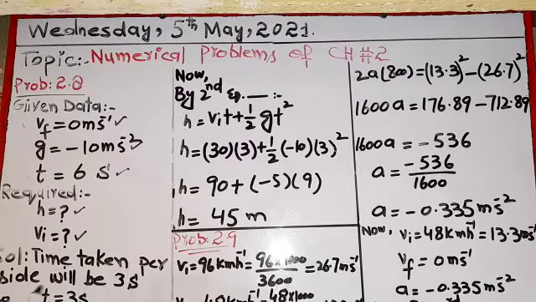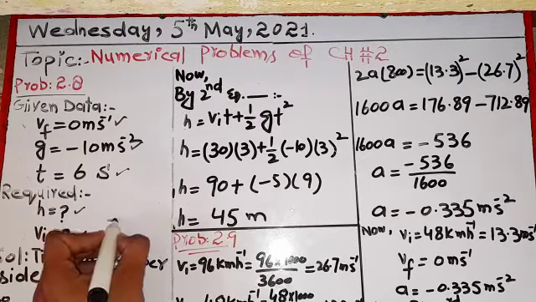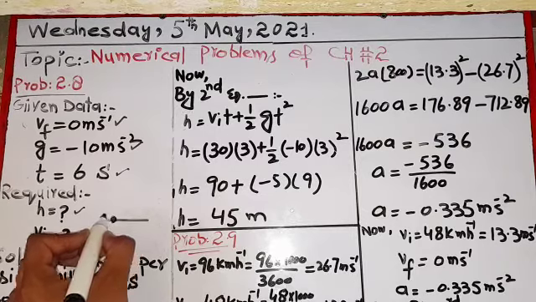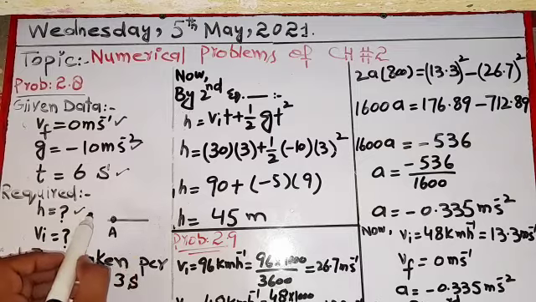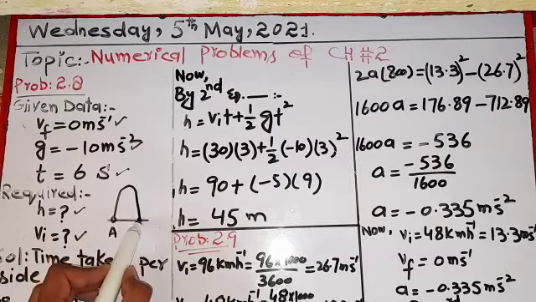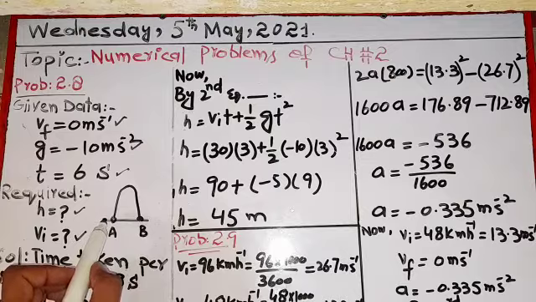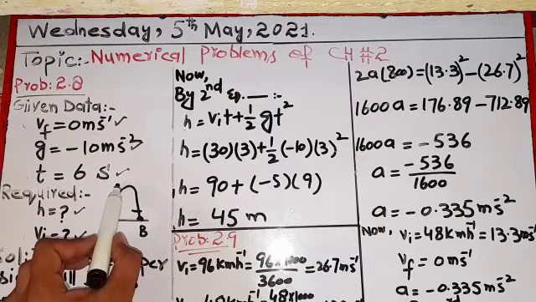First of all, for example, this is your earth and you are throwing this ball from point A. The ball will reach maximum height and then go back to earth at point B. We have to find the initial velocity at this point and the maximum height at this point.